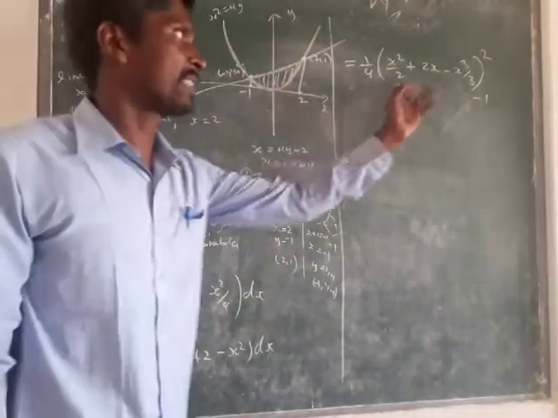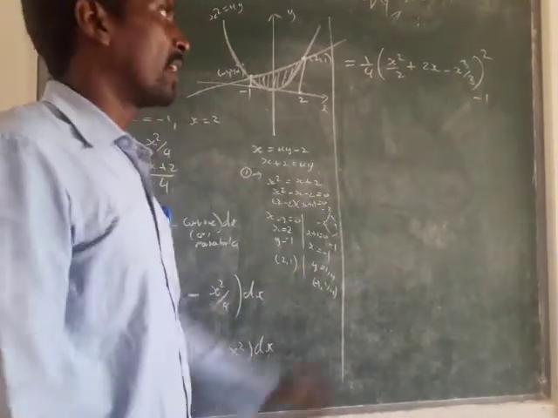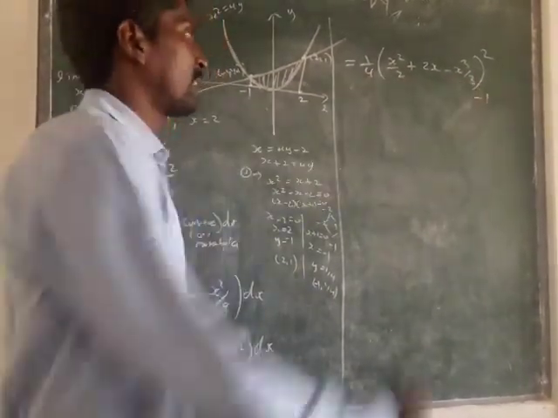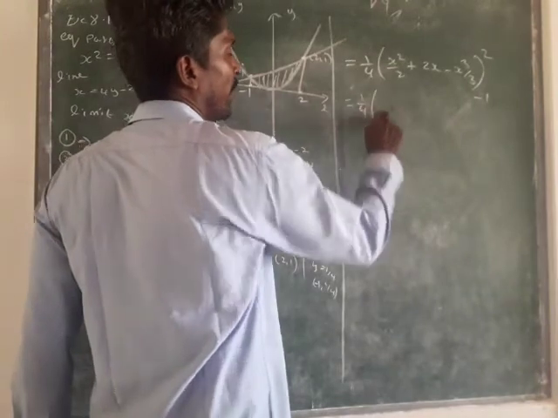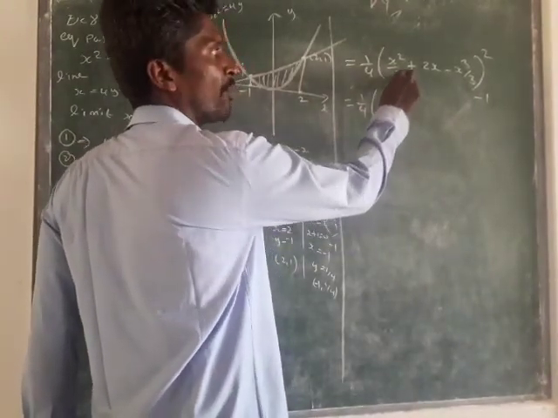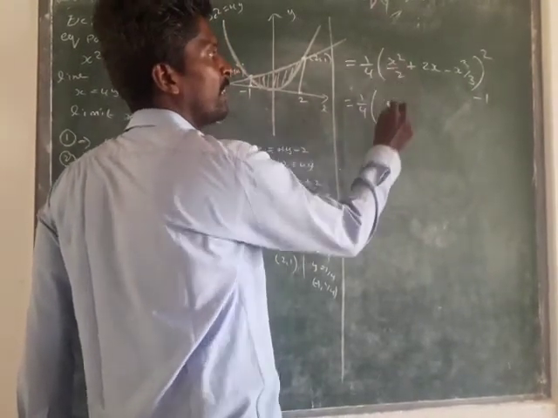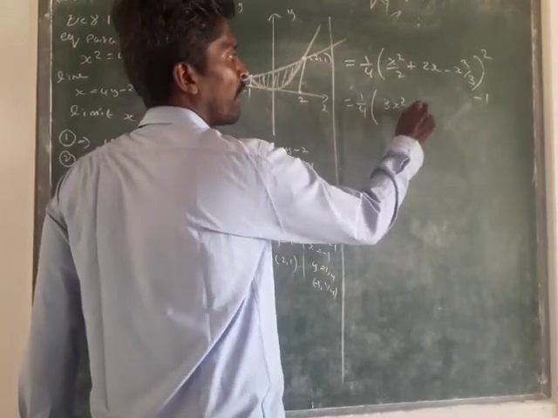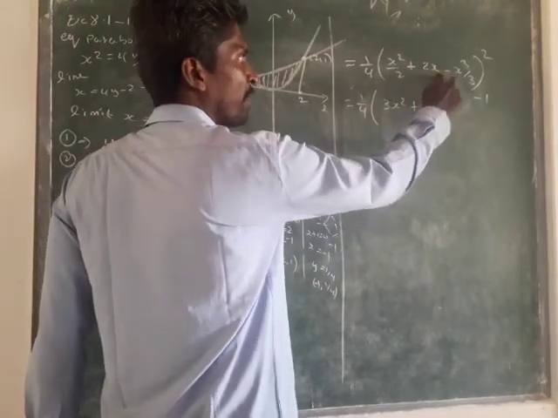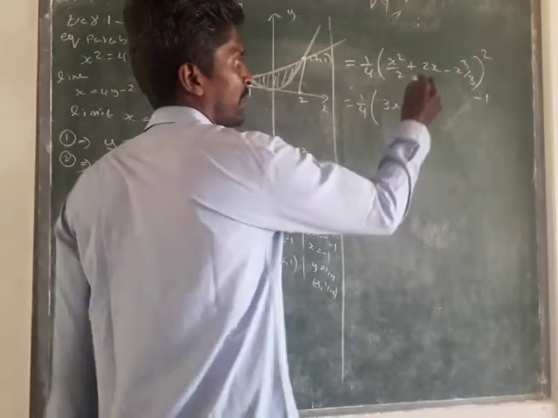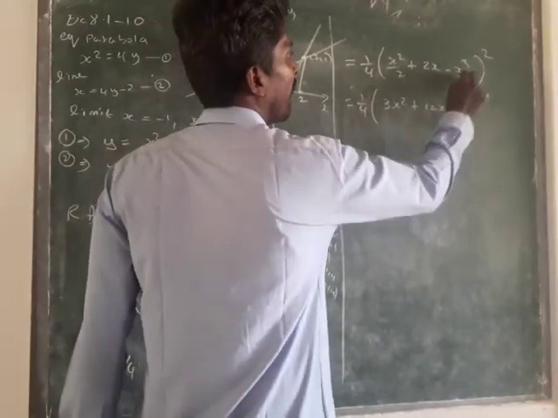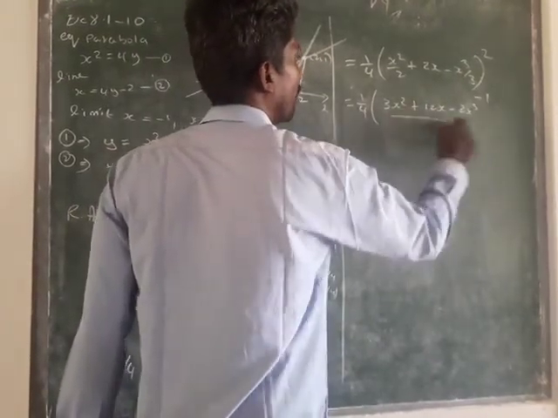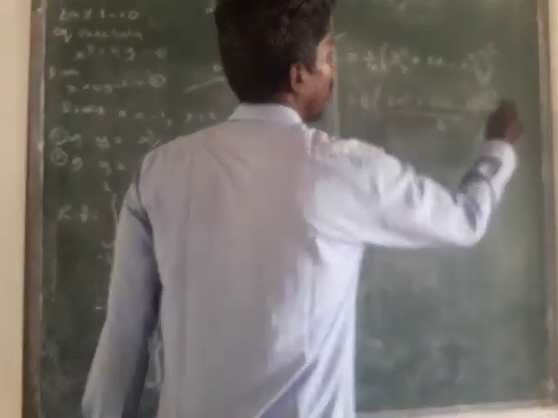If you have fractions, you can take the LCM. LCM for 2 and 3 is 6. So 1 by 4 into, here 6 I need, so multiply numerator and denominator by 3. So x squared becomes 3x squared. Here there is no denominator, so directly multiply by 6. Then it becomes 12x minus 2x cubed divided by 6, from minus 1 to 2.